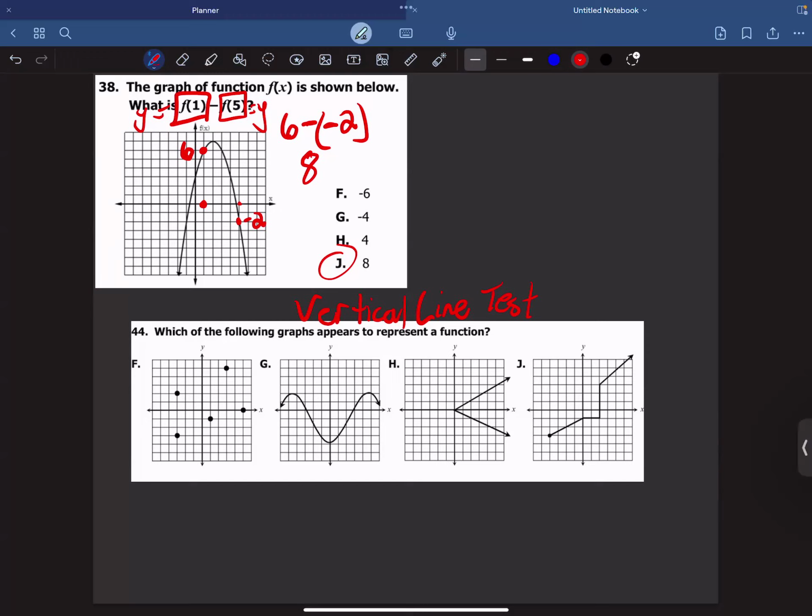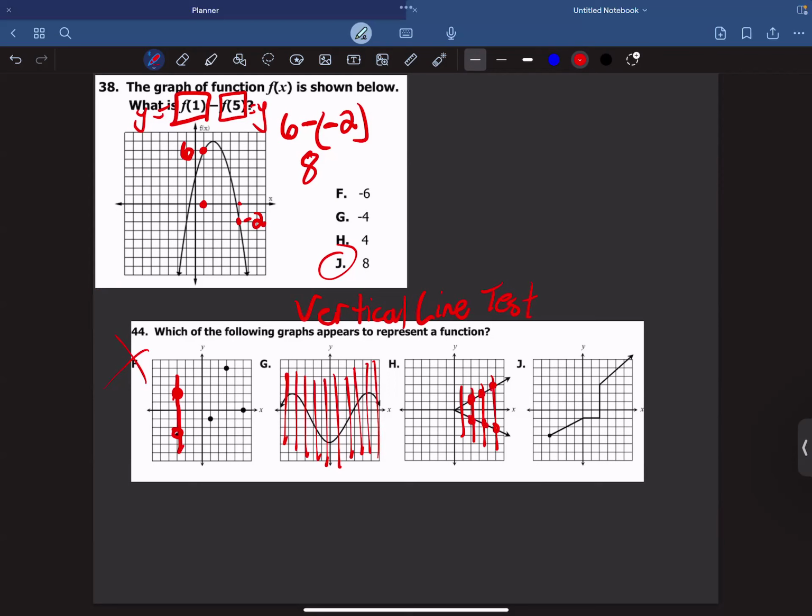What happens here? Well, if I draw a vertical line here, I'm passing through 2 points. No matter how many vertical lines I draw here, I'm only passing through 1 point. If I draw vertical lines here, I'm passing through 2 points here and here.